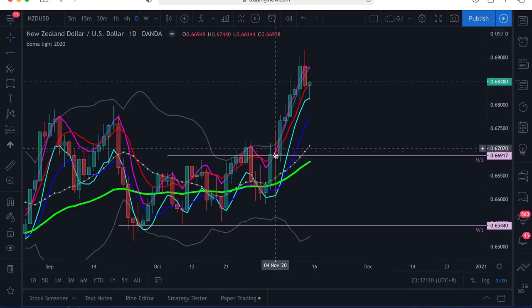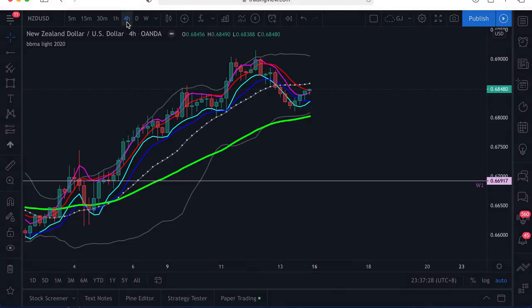And on daily time frame we can see price making an extreme sell, right? This is extreme sell. And on H4 price already making a re-entry sell.